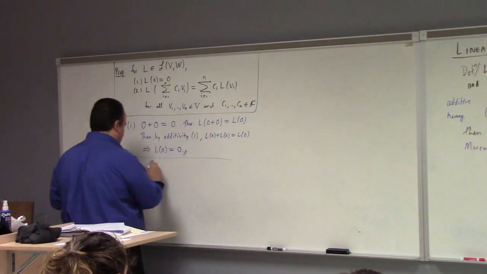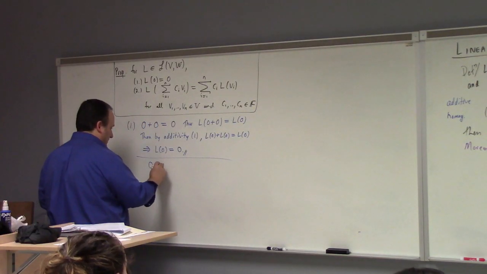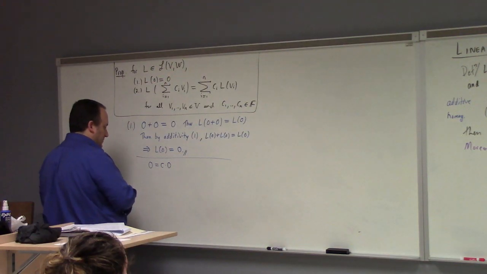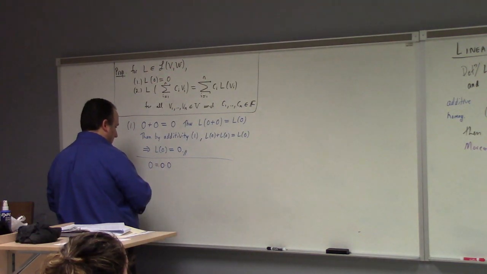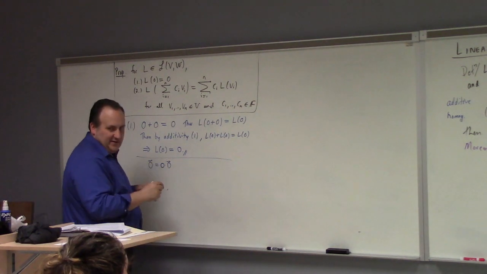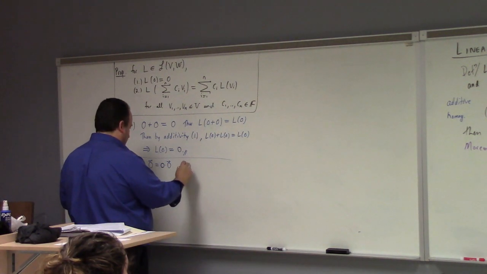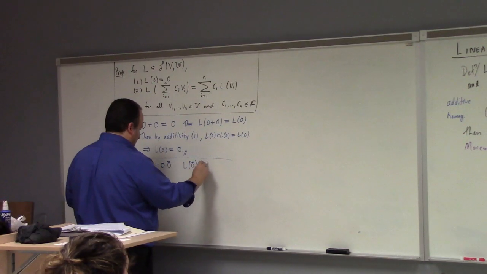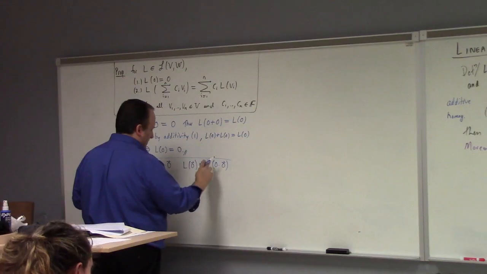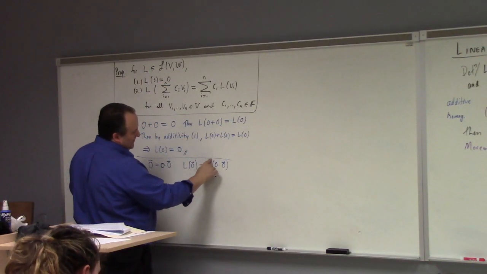So you're saying 0 is c times 0? 0 times 0? Yes. Okay, I see what you're saying. And so you're saying L(0) is L(0 · 0).